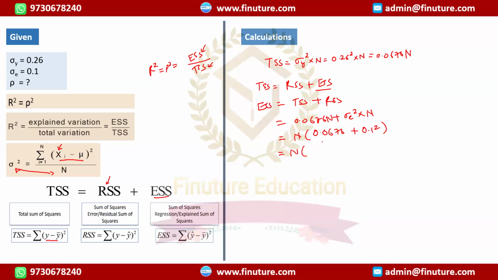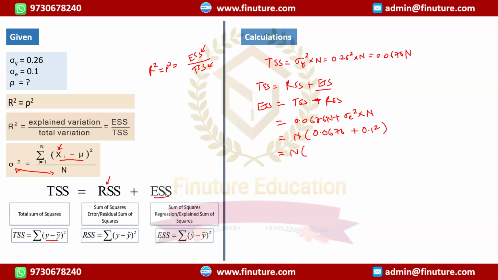Let me write it directly instead of utilizing more lines. Just give me a moment. I think it would be minus, because TSS is equal to RSS plus ESS.